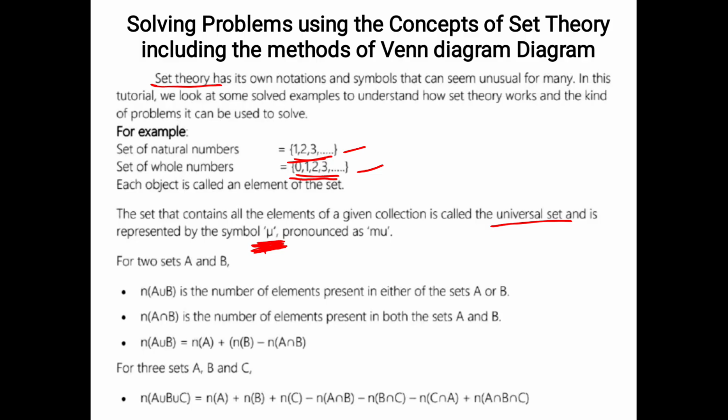For two sets, A and B, n(A ∪ B) is the number of elements present in either of the sets A or B. And n(A ∩ B) is the number of elements present in both the sets A and B. So, n(A ∪ B) = n(A) + n(B) − n(A ∩ B). This would be your solution if there are only two sets.